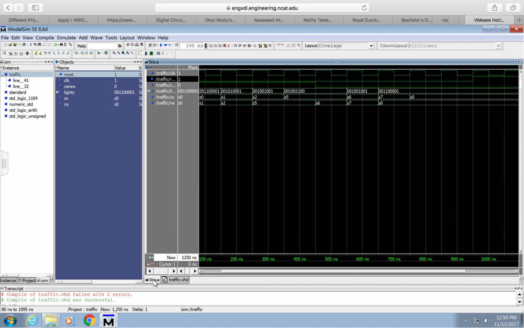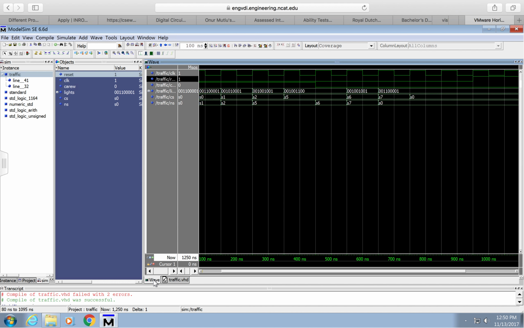Moreover, I have my waveform over here, and I have my clock here. Before even starting, the way I went about this is, after coding it, I use this compile button right here and compile all, which tells me whether or not everything's good or I have an error.